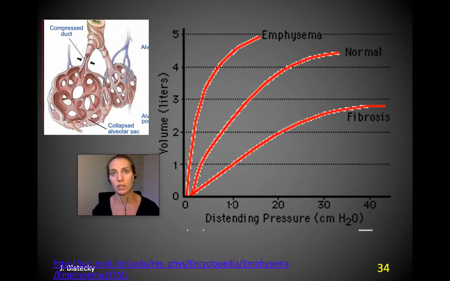Hopefully those two clinical conditions give you a sense for the two extremes with regard to compliance. But again, we're going to see compliance, alveolar surface tension, and surfactant, as well as resistance of those airways, being three key factors that influence pulmonary ventilation, this process of inhalation and exhalation.